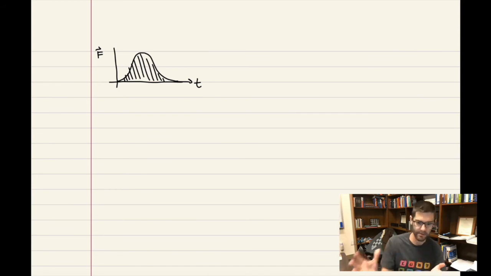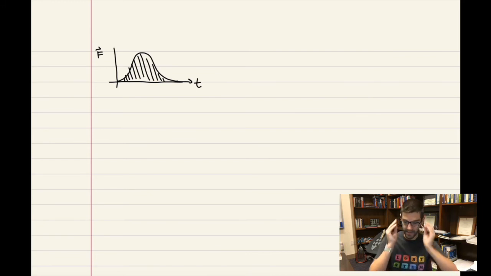It would be some weirdly shaped function that would be completely different for a ball bouncing off a wood table than for the same ball bouncing off a metal table. There are different properties of the material, and how the ball reacts when in contact with that surface would be different for different materials or for different balls, or if the ball hit the wall at a slight angle. So we never will really know what this function looks like.